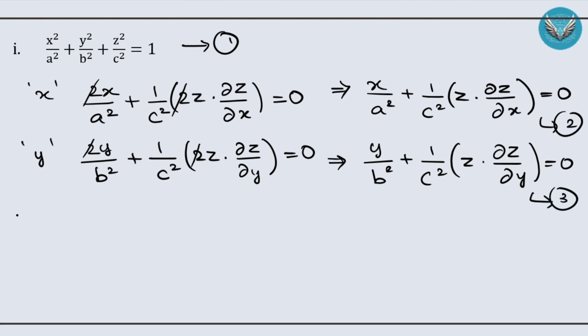So now differentiating again with respect to x, the equation number 2, we will get 1 by a square, because if you differentiate x with respect to x, it is going to be 1, plus 1 by c square into differentiating this z into dou z by dou x.